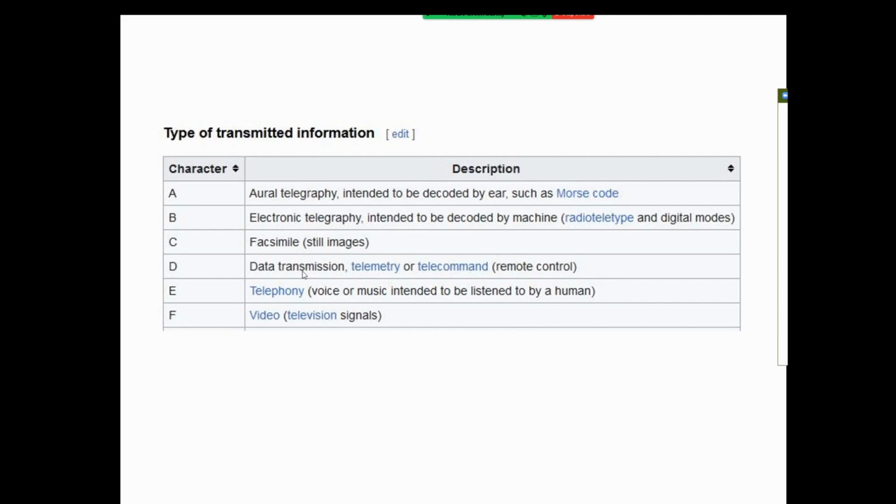Your remote control switch for your television sends radio waves to your television. E, telephony, which is voice or music intended to be listened to by a human. And for most purposes, that's what your experience with the radio has been to date. You turn on the radio and you listen to somebody's voice or you listen to some music. That's E. That's probably the most common. And if the question does ask for something like that, look for the E at the end of the code. F, video.